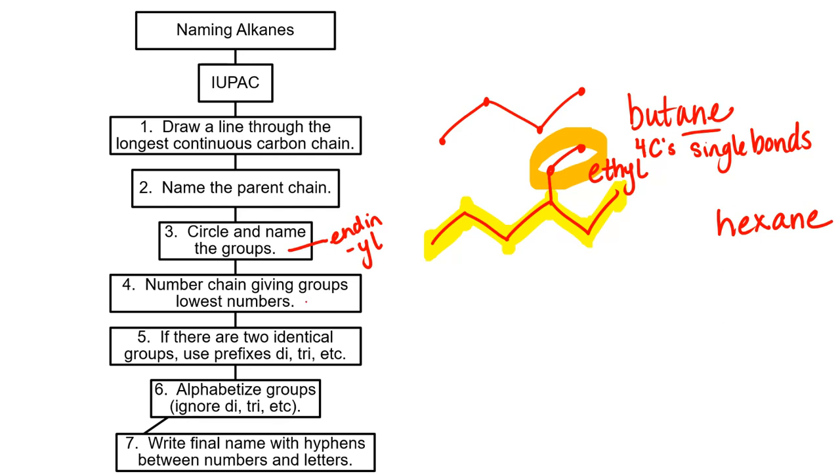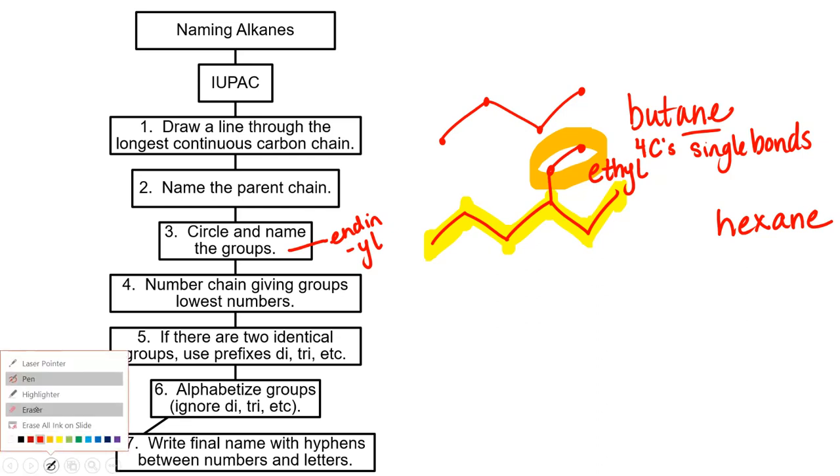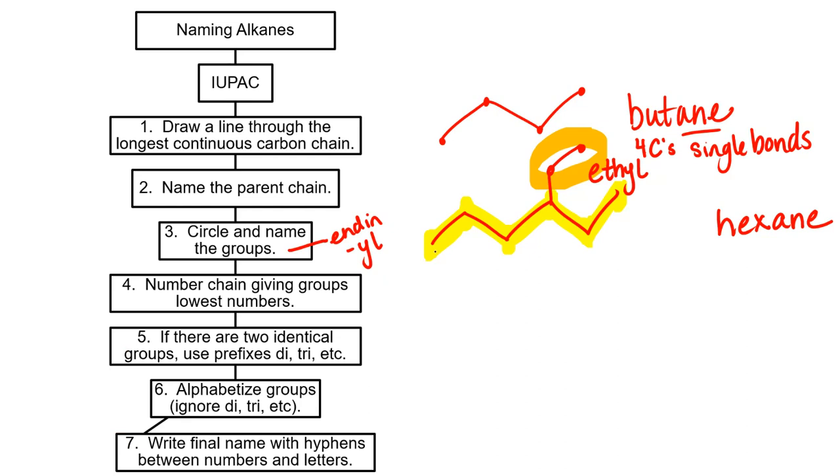Now we need to number the chain to give the groups the lowest possible numbers. So in number 4, we'll number the chain. So we could have 1, 2, 3, 4 ethyl. Or let's try some other numbering. We could have 1, 2, 3, 4, 5, 6 if we number from the left. So going left to right, we'll have 4-ethyl.